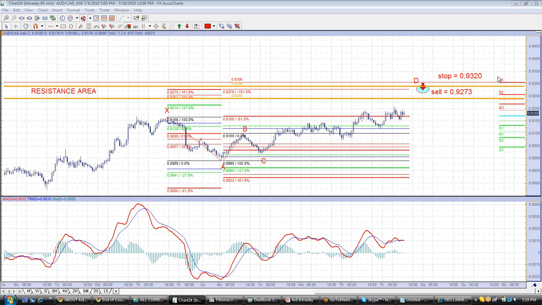So we'll place the stop if we're during the session. The best thing to do is place the stop above the resistance, enter at the price level, and stay with the trade.